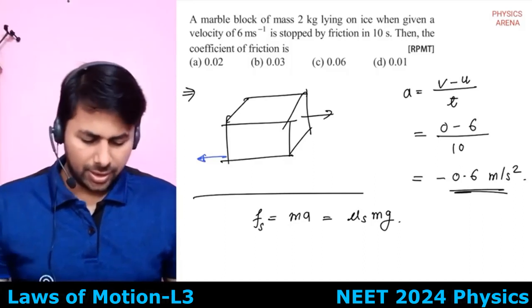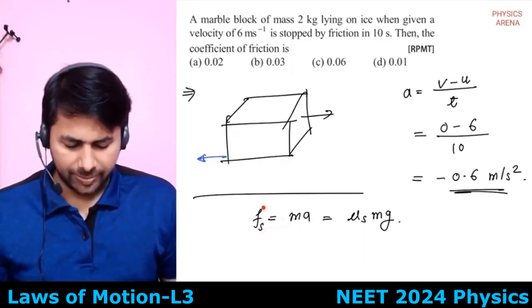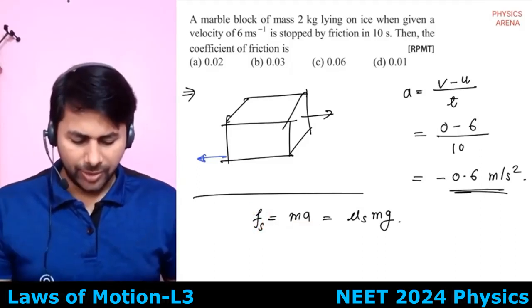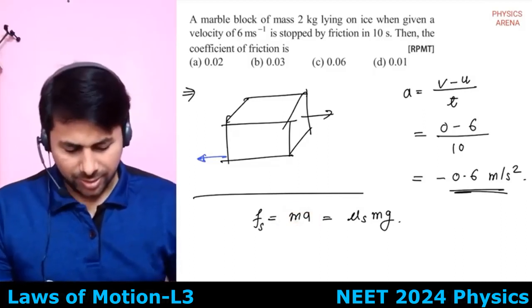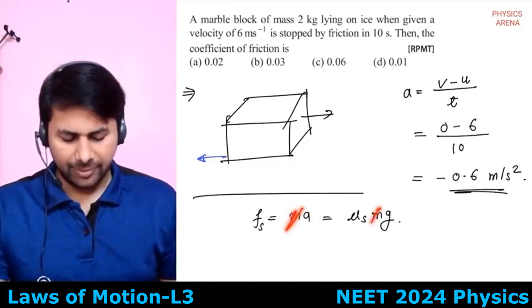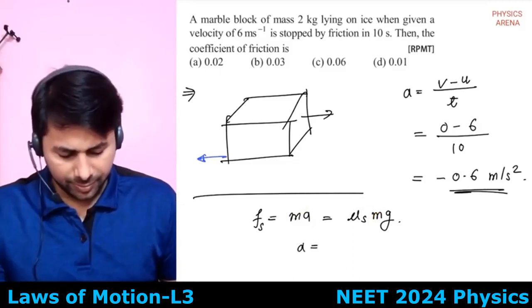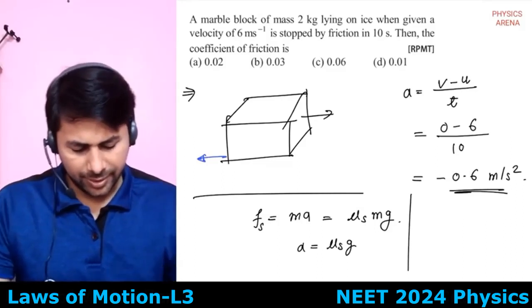Actually, in this question we need not find that frictional force is m into a, but if we want to find out, we should be able to. Here m and m get cancelled, and a is equal to mu s into g, right?